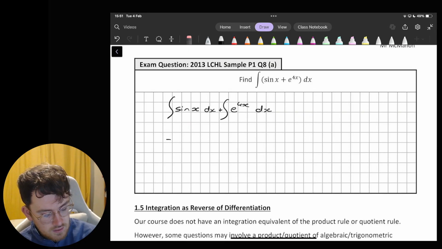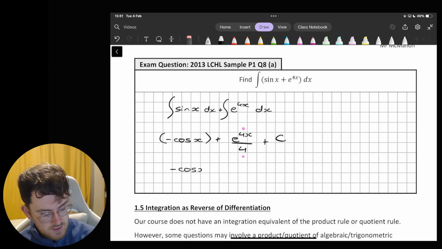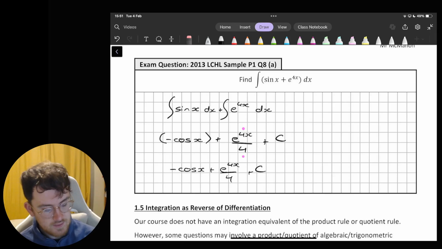Well, sine goes to minus cos x. E to the power of 4x is e to the power of 4x, and divided by 4, as the derivative of the angle part there. And I must remember my plus c as well. So minus cos x plus e to the power of 4x over 4 plus c.